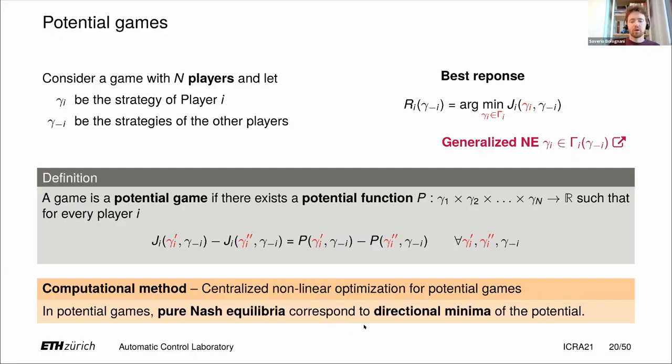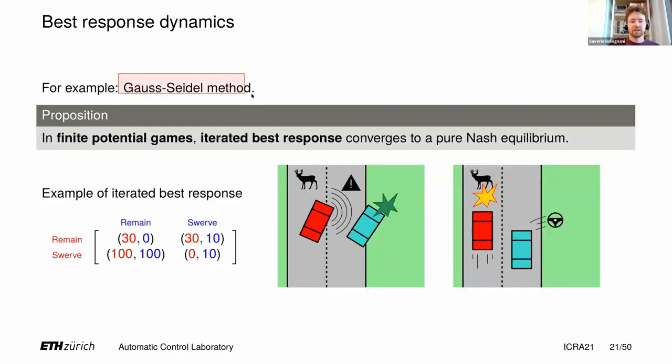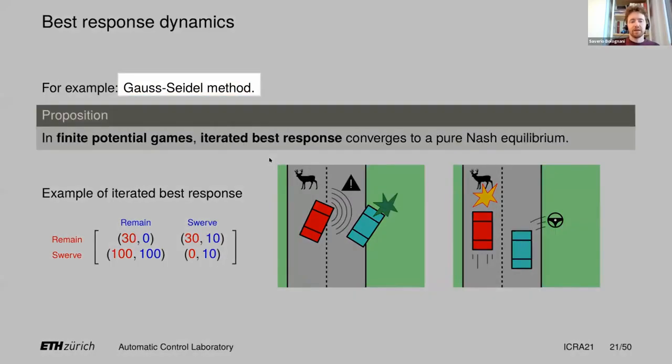For example, one method that is guaranteed to converge to directional minima is Gauss-Seidel. This is the method where you take an optimization problem in multiple variables and you minimize variable by variable. You start from the first one and find the minimum, then you minimize over the second one by keeping the first one still at its new value, and then the third one, and so on.